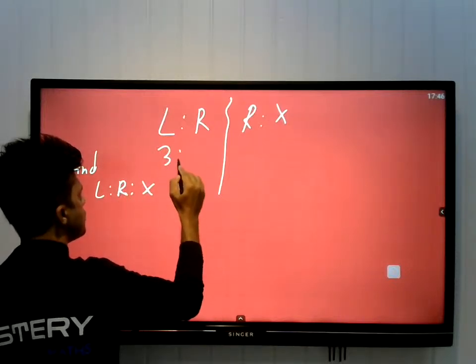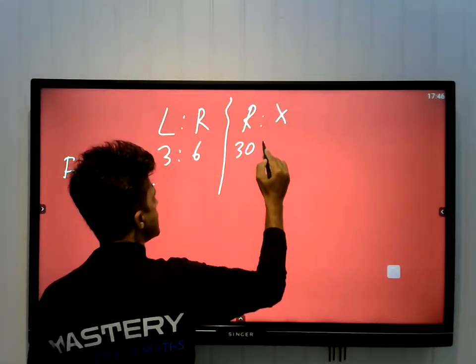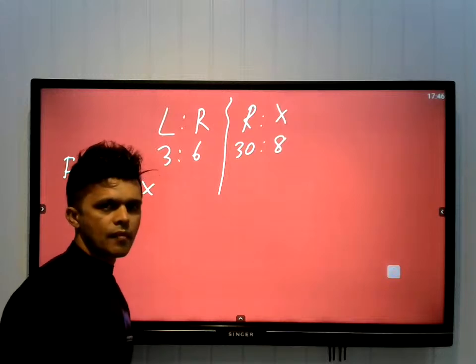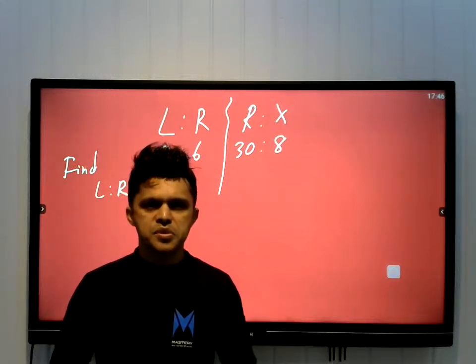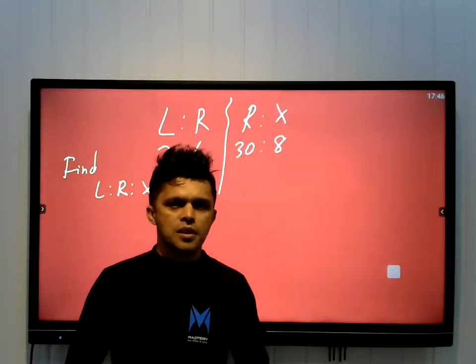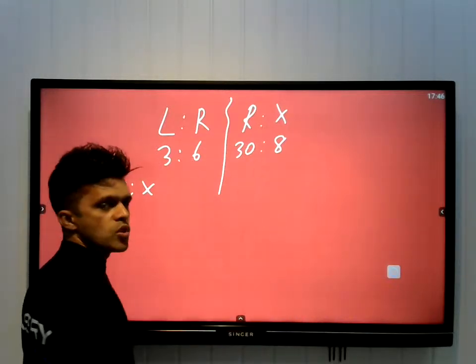I will give you these values. Here 6, here 30, here 8. So how can we combine these ratios? Here 3 to 6, 30 to 8.